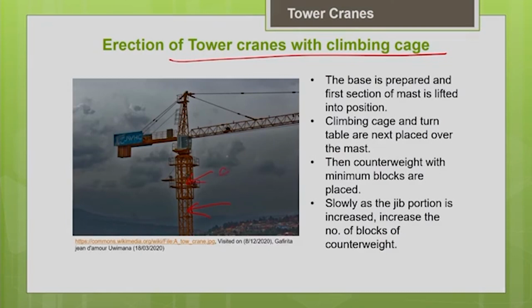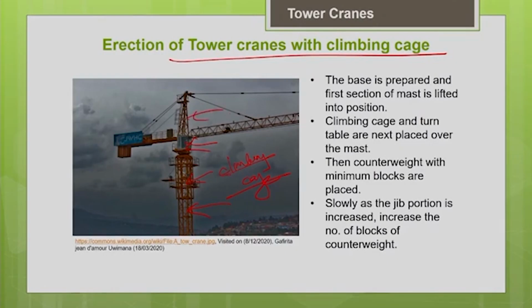This is your climbing cage, with a hydraulic jack system; you will see hydraulic cylinders here, which help in the lifting. So first you put the foundation, erect a few sections of the tower mast and bolt them to the foundation. Then erect your climbing cage, turntable, operator cab and tower top.